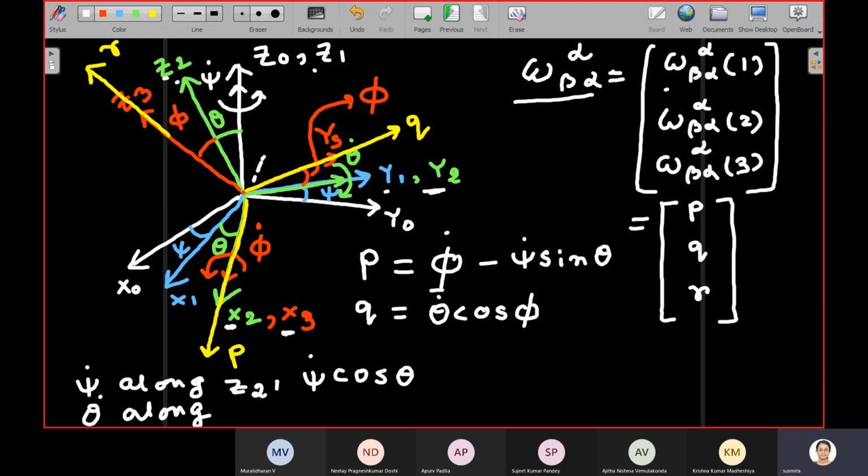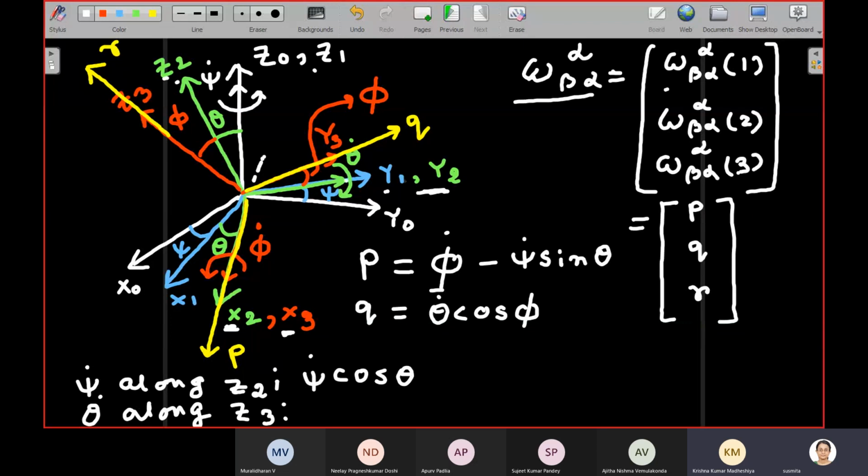Now see, theta dot is along y2, correct? y2 is perpendicular to x2 and x3. So theta dot must have a component along y3 and z3, right? You see what I'm saying? One component is along y3, right? How about the other component?